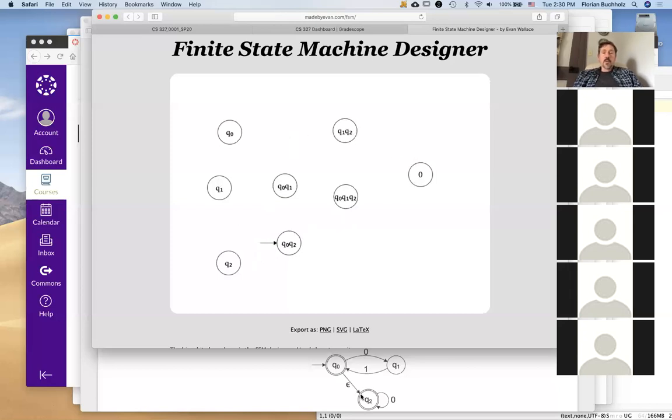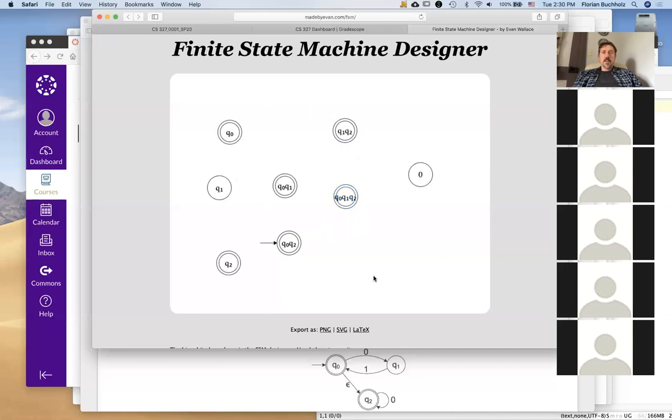So clearly Q0 and Q2 by themselves need to be accepting states. But now every state that has a Q0 or a Q2 in it also needs to be. So this one because Q0 is in there, this one because Q0 is in there, this one because Q2 is in there, and this one because both of them are in there. So we have lots of accepting states in the DFA.